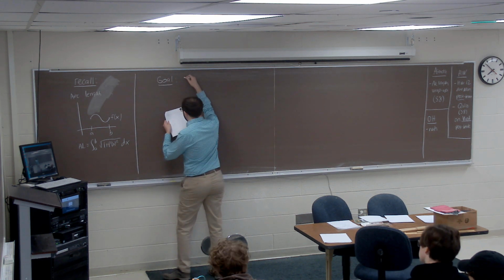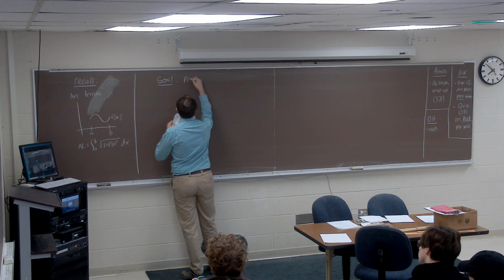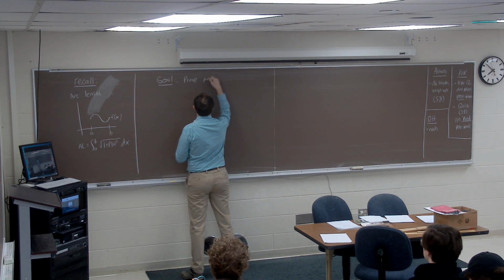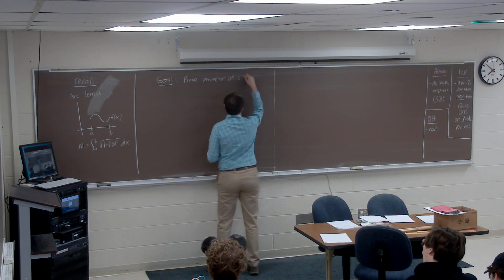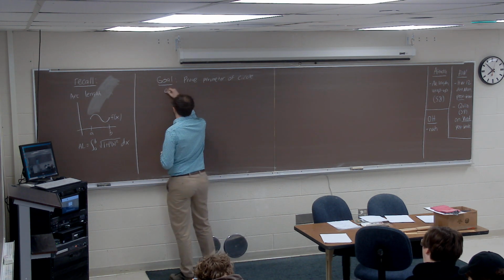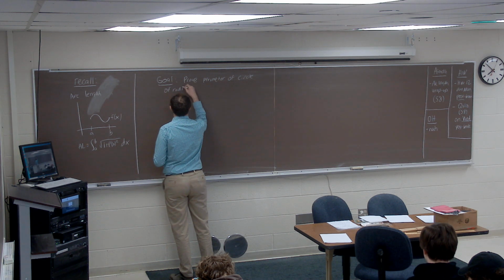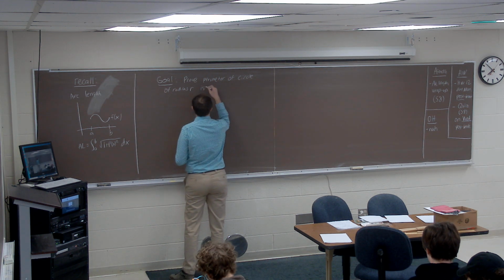So here's our goal. Prove the perimeter of a circle of radius r is 2 pi r.